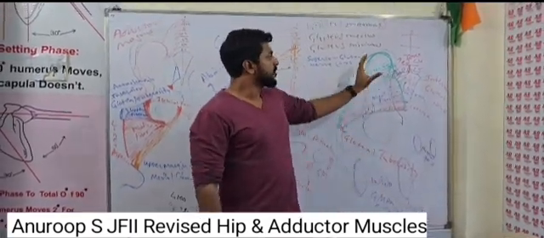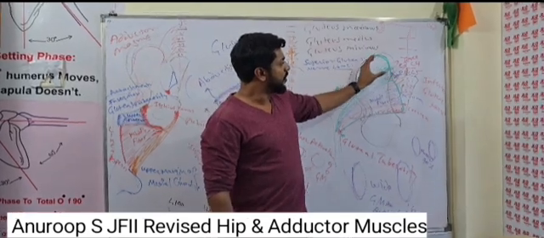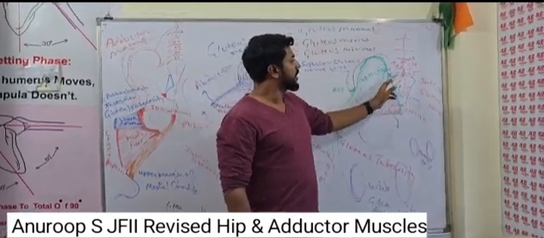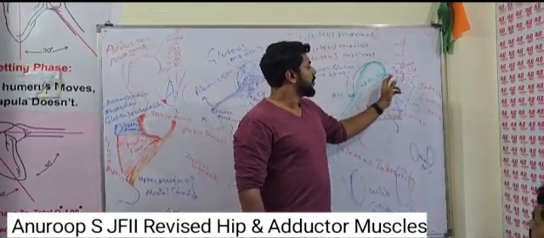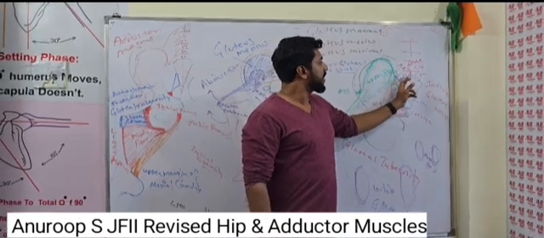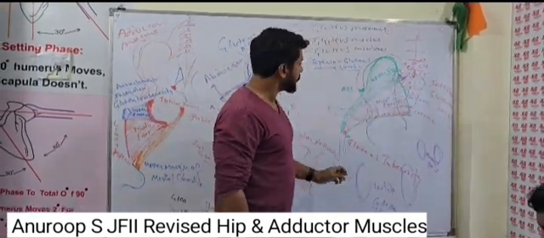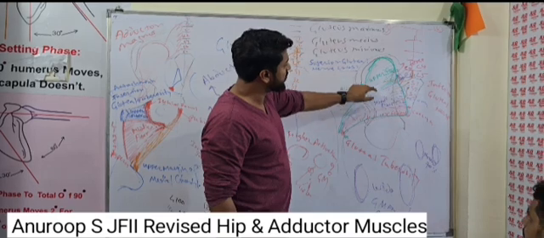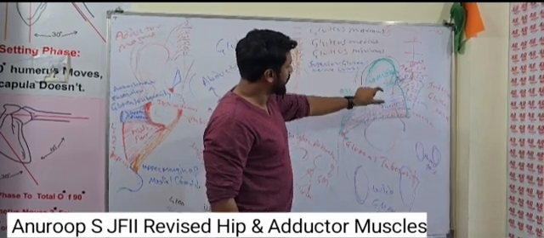And it also helps with stabilization of the SI joint along with the posterior sacroiliac ligament. It also has three fibers: upper, middle and lower.